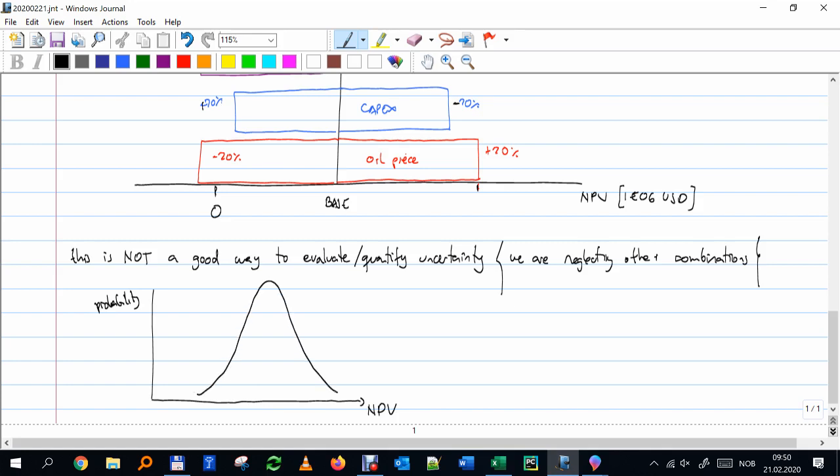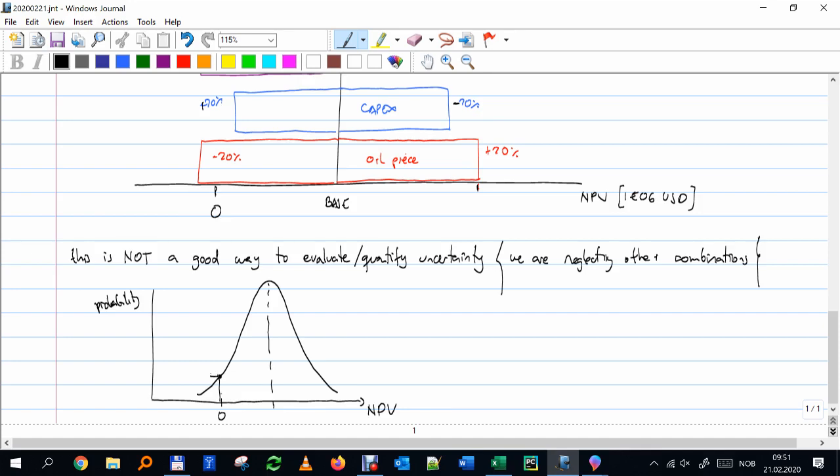That tells you that for my project, considering all uncertainties, oil price, everything, this is the most likely value, and let's say 0 might be here. And I can see what are the chances or the probability that I will get a negative NPV.